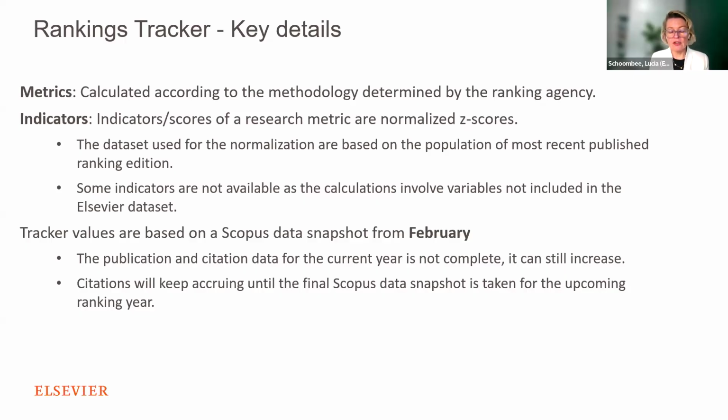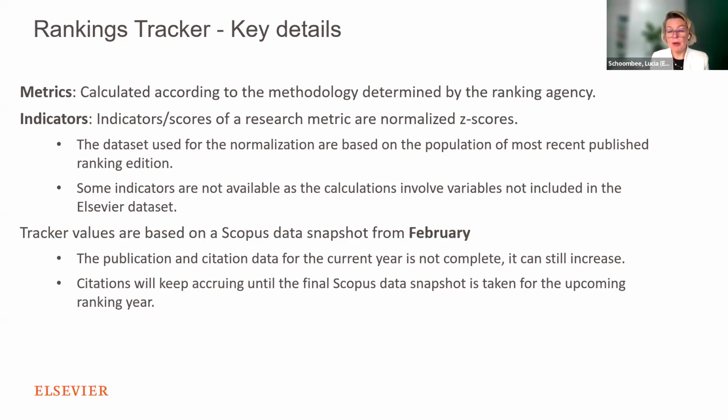And this data snapshot is usually taken in February. After the ranking data is provided in May to the ranking organizations, the rankings are then published in July or in September, and by the next February, the tracker information becomes available so that institutions can see their progress.